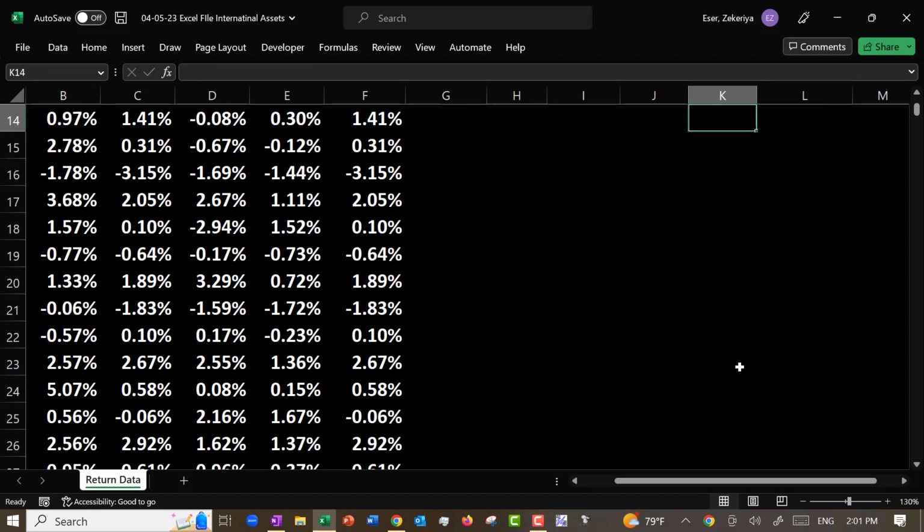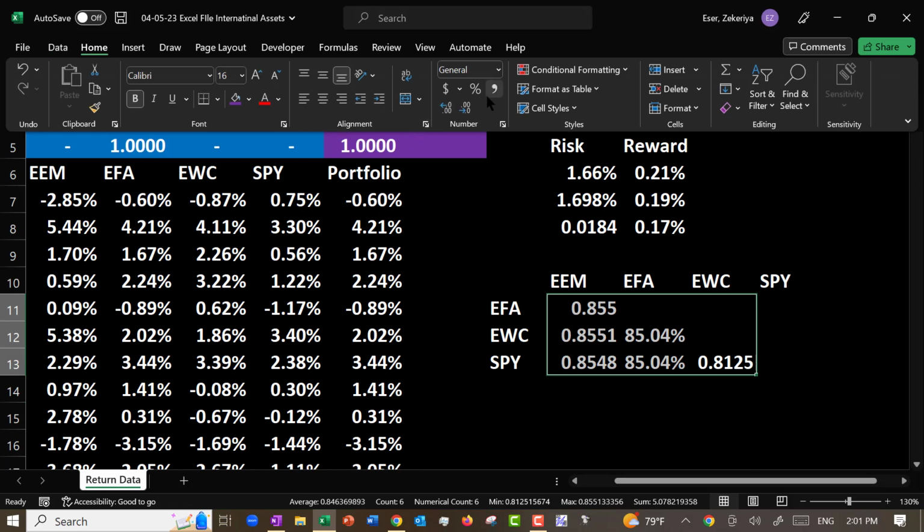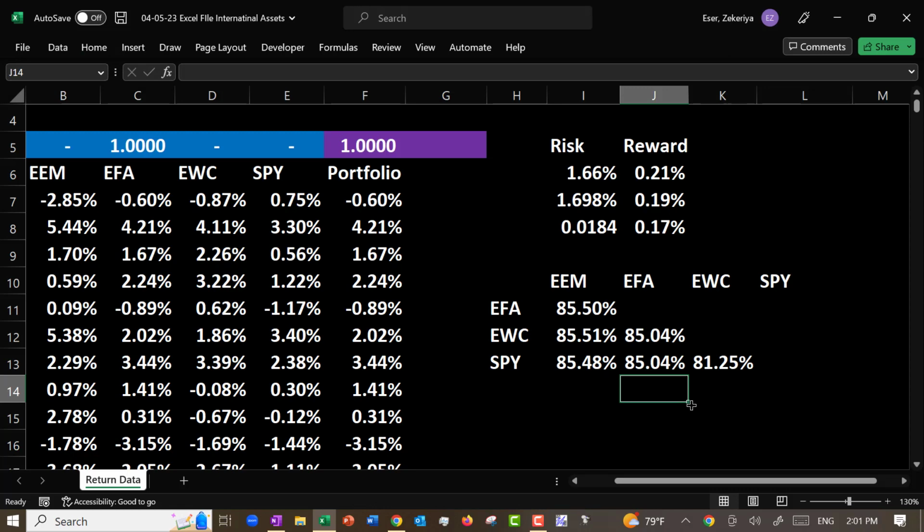Let me make all these. These are very highly positively correlated. Even Canada is very highly correlated with US. In fact, the lower the correlation between two assets, the higher the potential for diversification to reduce risk. But in this case, these guys are pretty high.